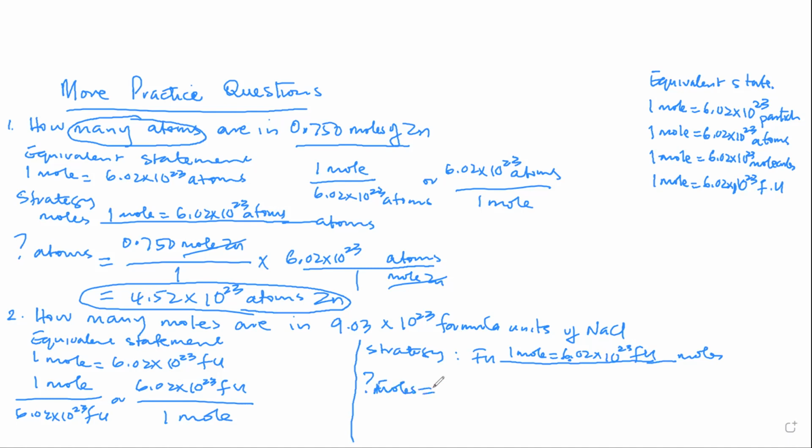So we know 9.03 times 10 to 23 formula units over 1, times moles on top, 6.02 times 10 to 23 formula units, then 1 mole.